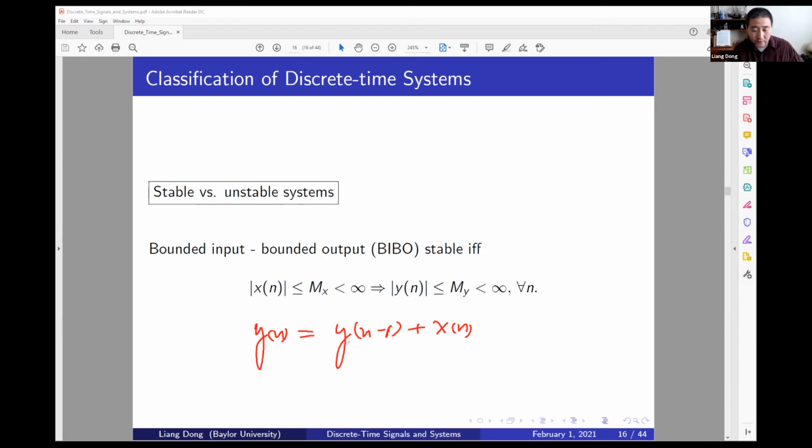You got an output, but somehow you count this output again. Even though every time the input x[n] is finite, because you have this feedback loop, it is fed back all the time, and it may make your system unstable. So we have stability issues here.